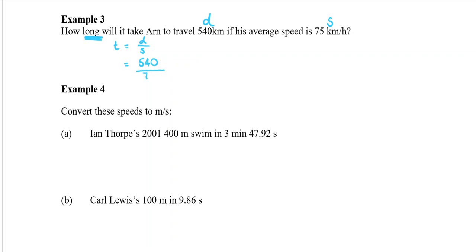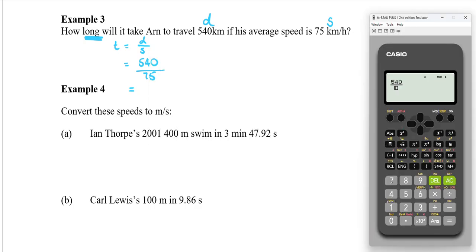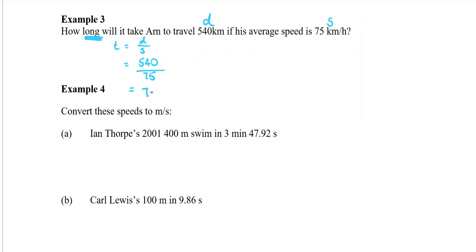And the speed is 75. 540 divided by 75 is 7.2. But the units of this will be time. Because my question had hours in my speed, this is going to be hours, 7.2 hours.